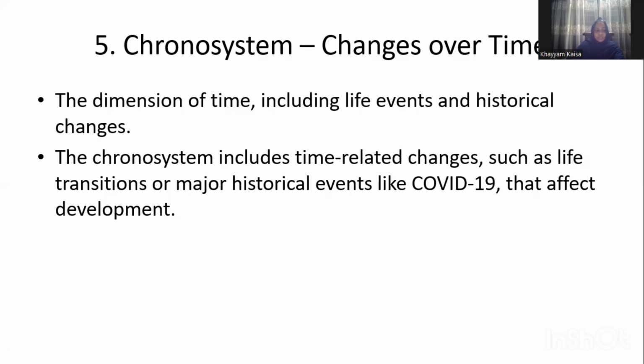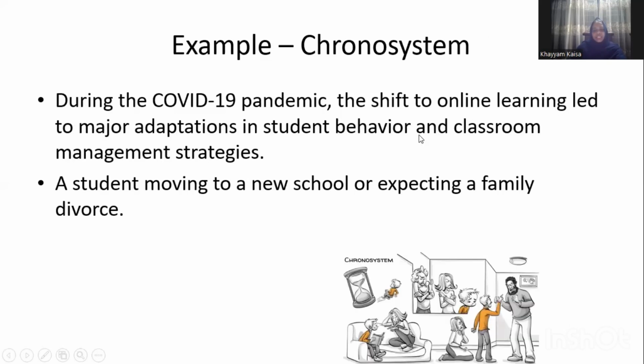So this refers to the dimension of time, including life transitions or historical events that affect students, such as divorce, pandemic, or moving to a new school. Effective classroom management considers how past experiences and changes over time affect a child's current behavior. So the shift to online learning led to major adaptation in students' behavior and classroom management strategies. The student moving to a new school or experiencing a family divorce. So those are the things that affect the chronosystem.